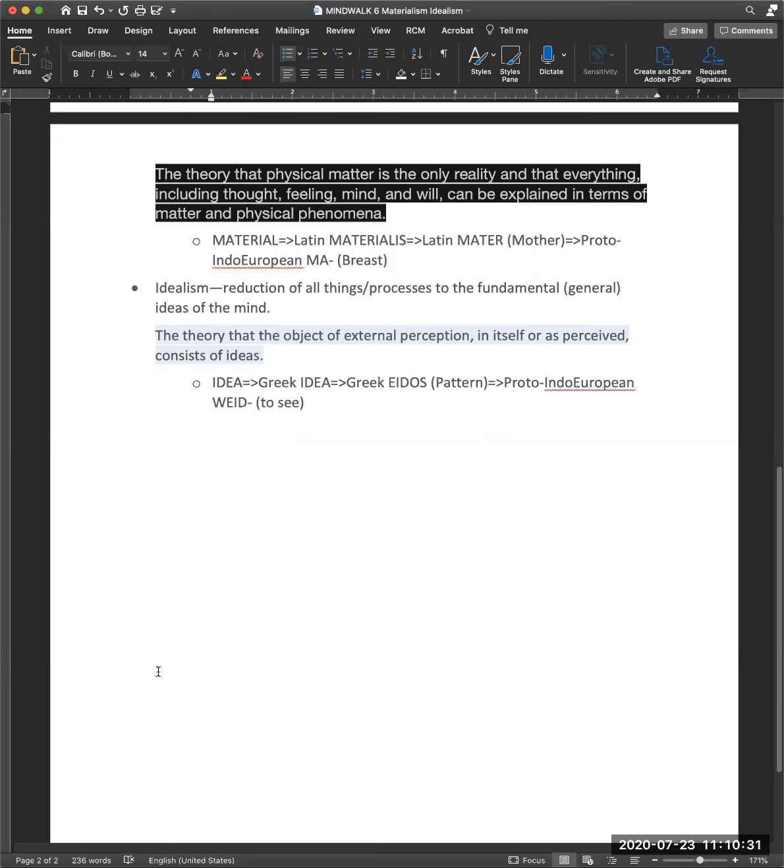A lot of the words we use today still hold in them this historical pattern, and we can reach back into that and get some clues about these notions.